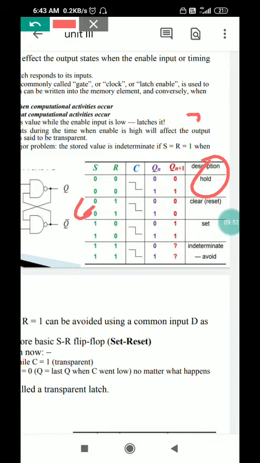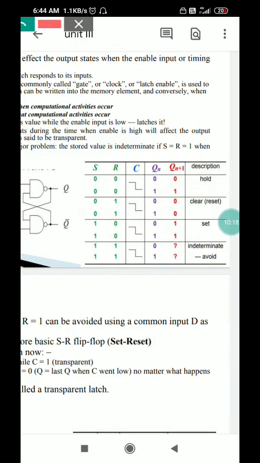The clock is also a falling edge. Then if Qn was 1, it will become 0. Now here we have to take care in this column when the input is 0 and 1. So S is 0, R is 1. It means set is 0, reset is 1. By theory, it has to reset the flip-flop.